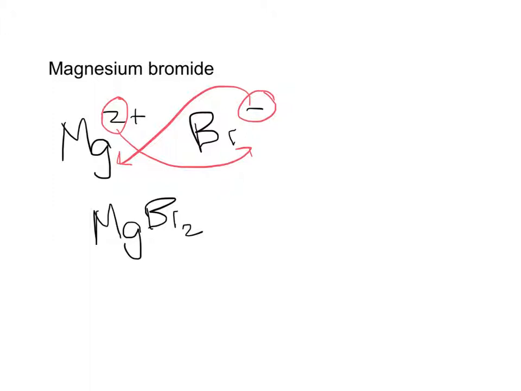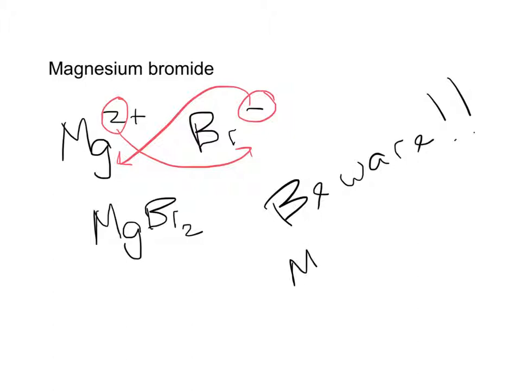The only thing to watch out for, when we have ionic compounds, is that the subscripts must be in the simplest ratio possible. So for instance, for magnesium oxide, magnesium has a charge of 2+, oxide has a charge of 2-.